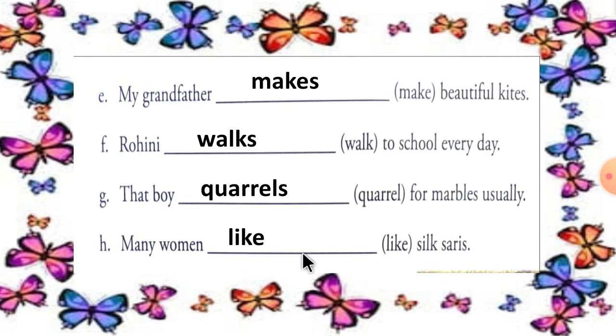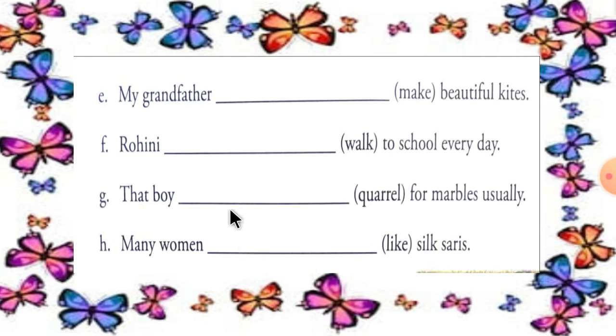Okay, so now let's revise all these blanks. My grandfather dash beautiful kites. Answer is makes. My grandfather makes beautiful kites. Rohini walks to school every day.